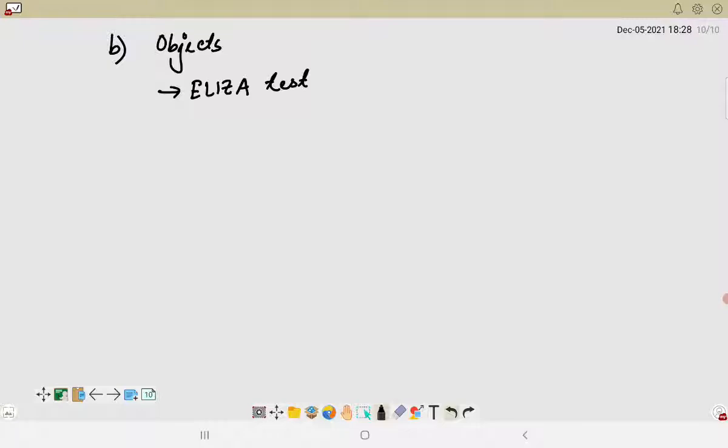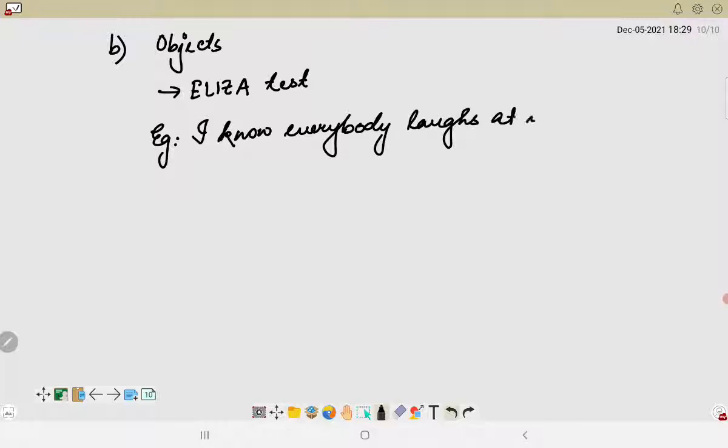Now suppose, let me give you an example. The example is: I know everybody laughs at me. When I'm considering this particular statement, I and everybody are both keywords, but since everybody occurs very rarely, compared to I, ELIZA will respond with: why, what in particular are you thinking of?